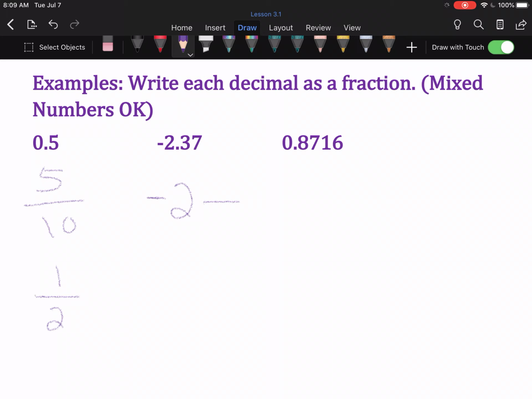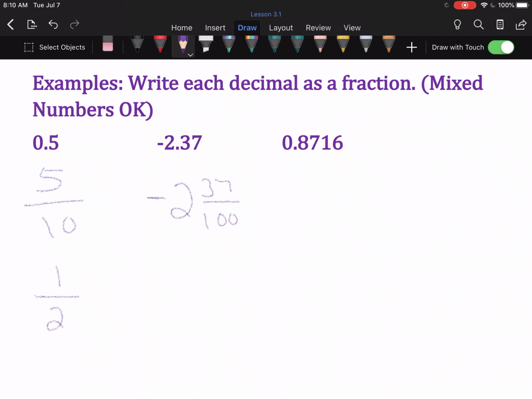So this is 37 hundredths. 37 is a prime number, nothing else goes into it, and 37 does not go into 100. That fraction doesn't simplify. So negative 2.37 is negative 2 and 37 hundredths as a mixed number.